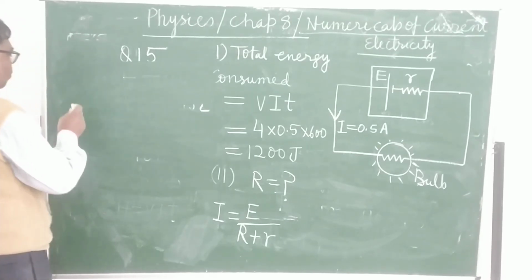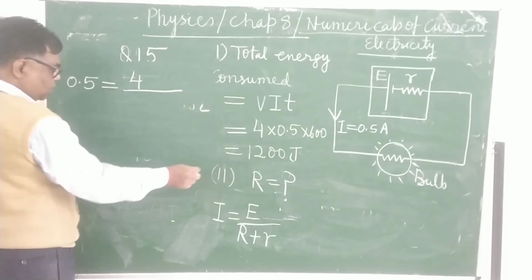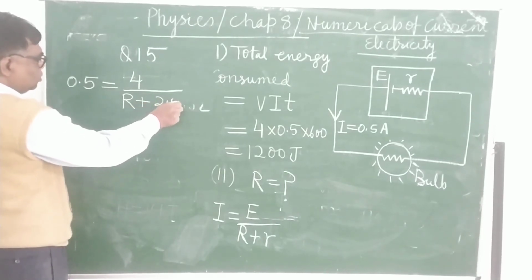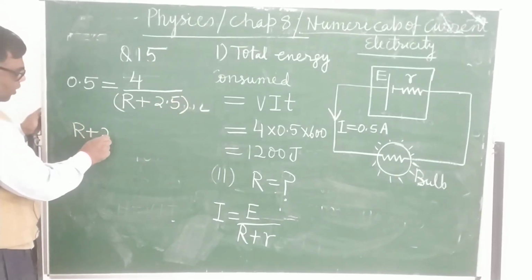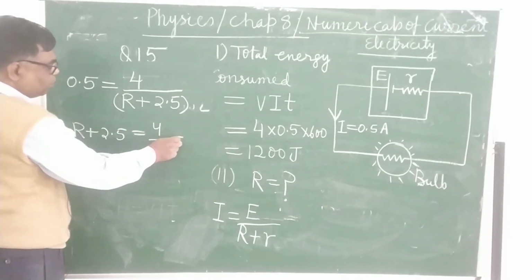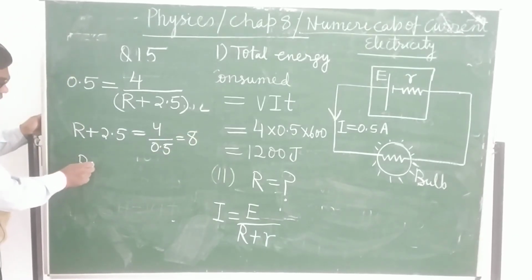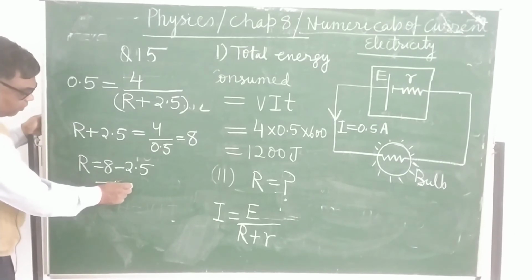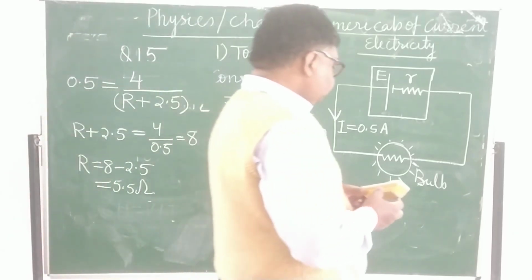I is 0.5, EMF is 4 volt, capital R you have to determine, small r is 2.5. You bring this in the numerator: R plus 2.5 equals 4 upon 0.5. 4 upon 0.5, 40 upon 5, that is equal to 8. So what is R? 8 minus 2.5, that is equal to 5.5 ohm. It is 5.5 ohm. Is it clear?